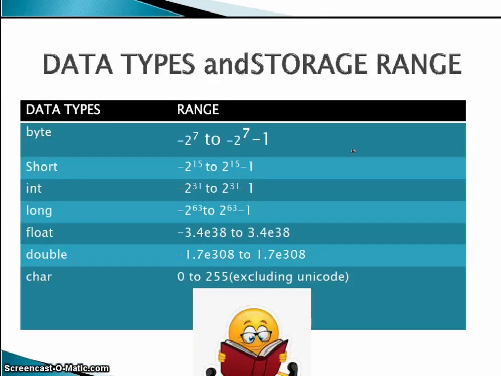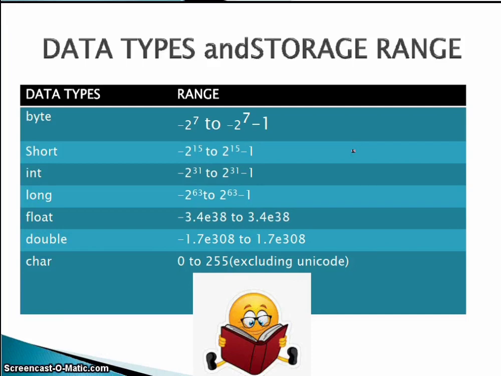Now, we learned that we have 4 data types that are storing the same values. We can use only one data type, that's no problem, but why these 4? Because every data type has its own range. Within that range we can store any number. Suppose byte has a range of -2 to the power 7 to +2 to the power 7 minus 1.